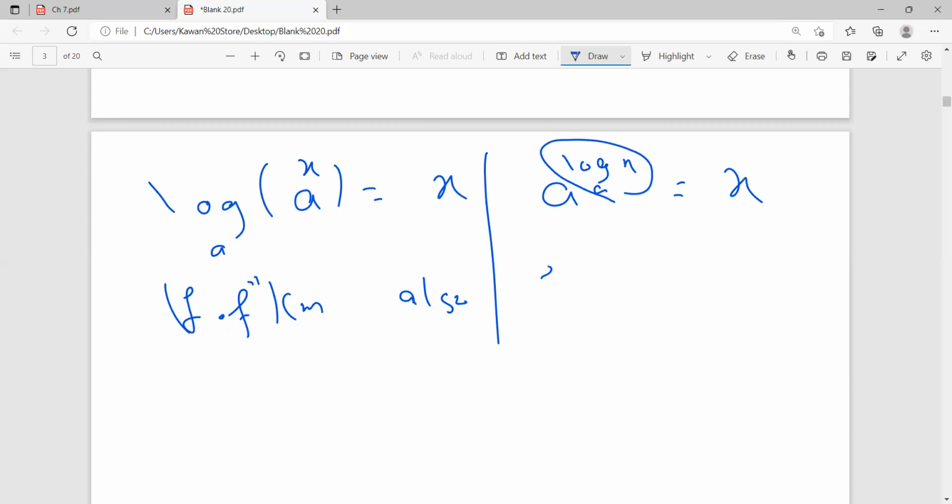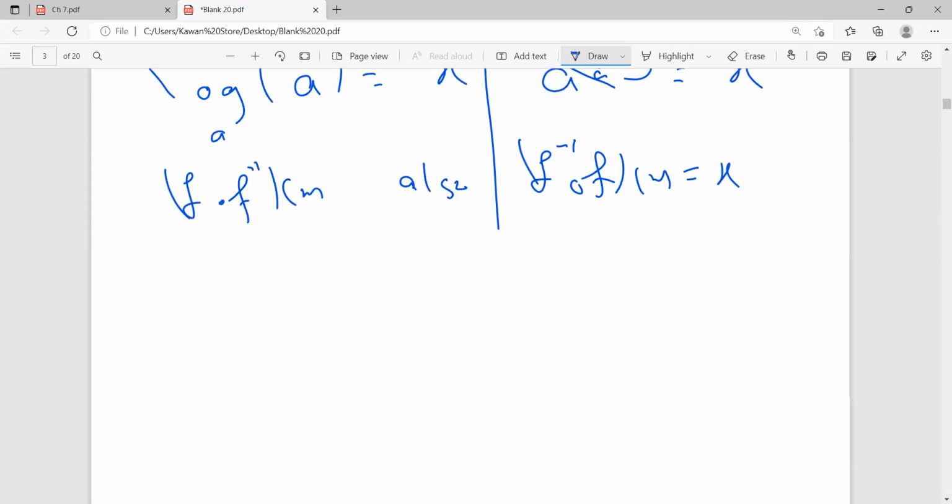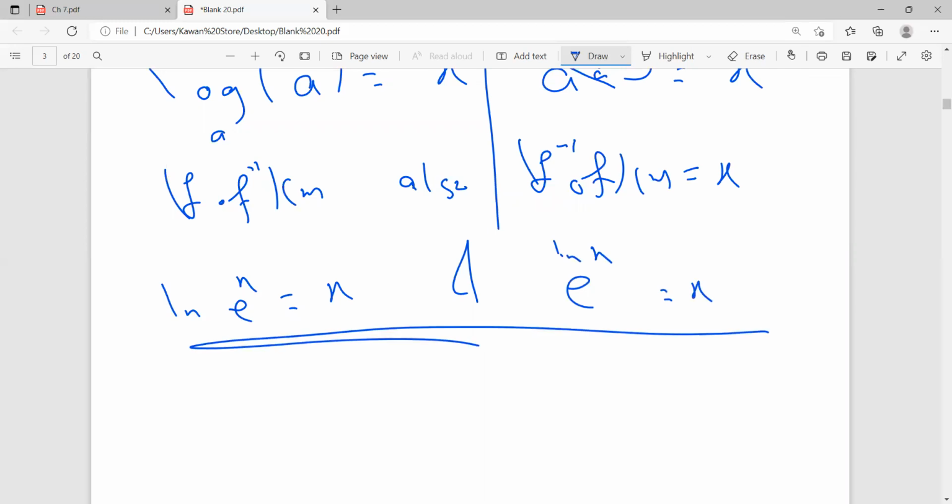So it means that f inverse circle f of x is equal to x. Understood? How about ln? Can you tell me about the ln? Ln e to the power x is equal to what? The same, x. Yes, you are right. It is equal to x. And e to the power ln of x, the same. Understood? Good. So that was about the domain, range and the graph.